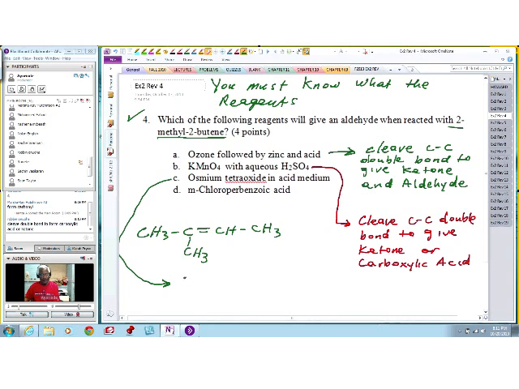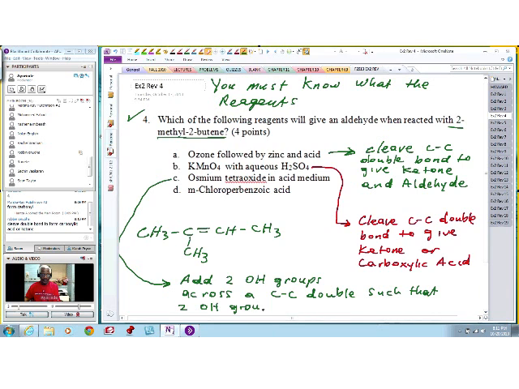What it will do is to add two OHs, two hydroxy groups, across a carbon-carbon double bond such that the two OHs will be cis to each other.